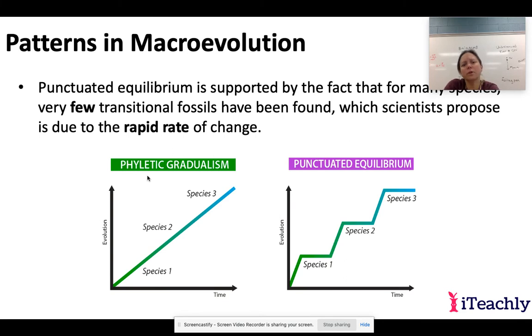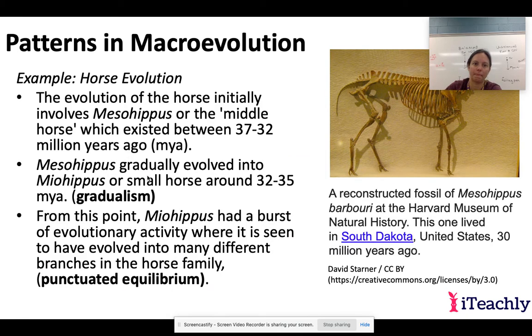And so if we would look at this on a graph, and we charted evolution on the Y and time on the X, this is how we would see these graphed visually. So again, examples of this would be horse evolution.